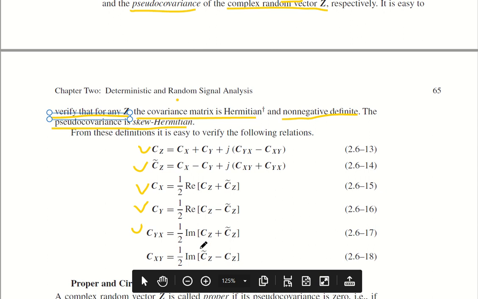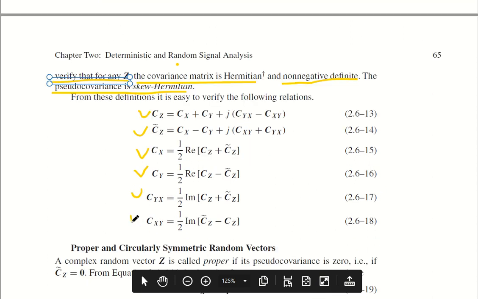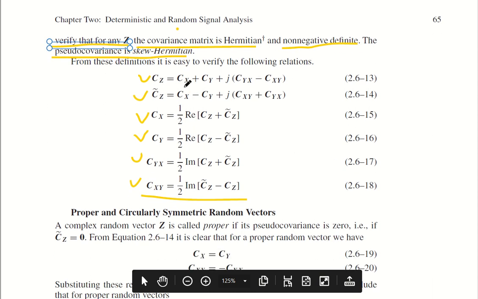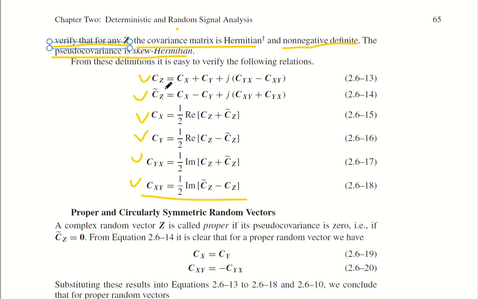And again, the imaginary parts. Okay, so we have properties in the relationship between Cz, C tilde z, and Cx, Cy. So we have all kinds of properties.